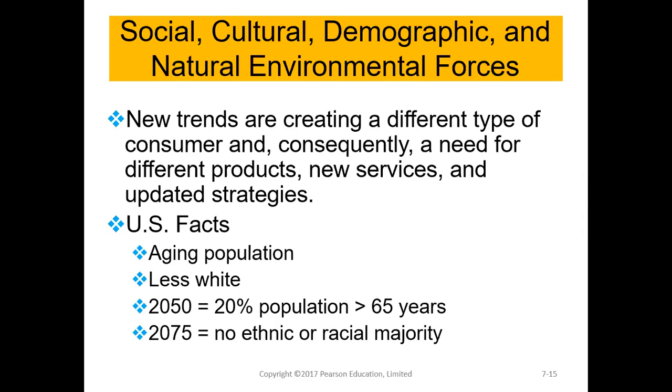Let's take one of the demographic factors, for example. If I have an aging population, so the largest percentage of people is aging people, I might consider working on services or products that are delivered for aged people.